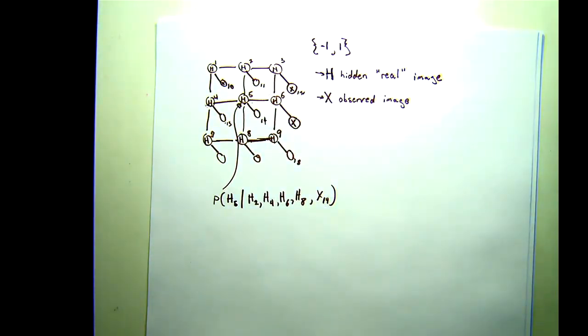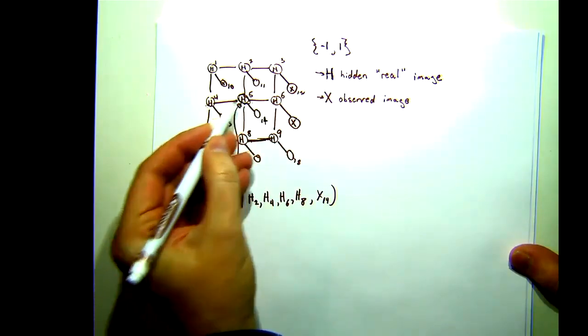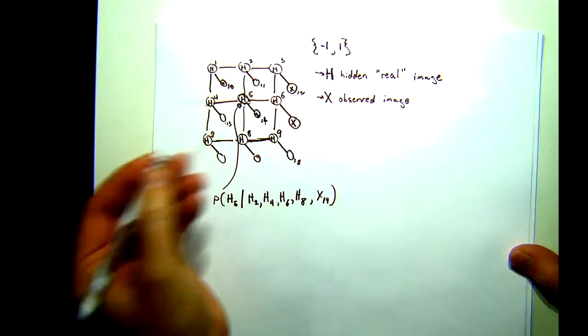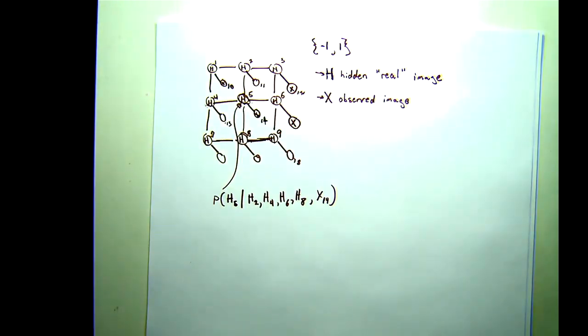So what this is saying is that we have some dependency on our neighbors. We want pixels in the recovered image to have some sort of correlation to the pixel next to them. Black pixels are next to black pixels. White pixels are next to white pixels. But we also want to have a correlation to the noisy image. So we want this to depend not only on the X pixel that we observed, but also on the settings of the other pixels in the image. Does that make sense?